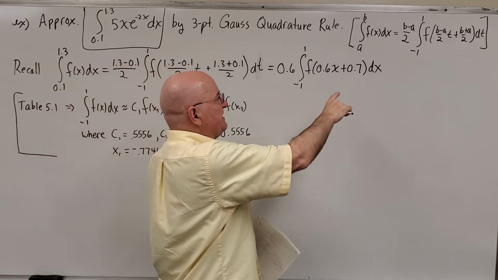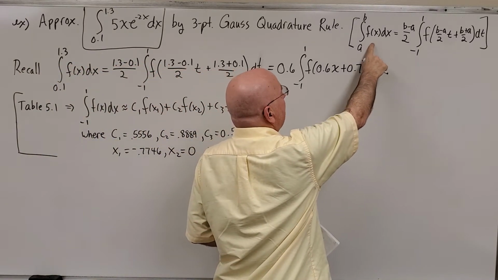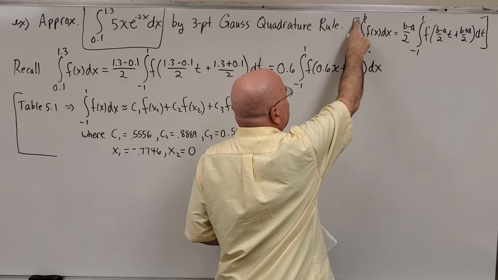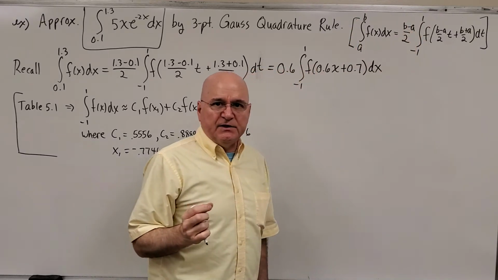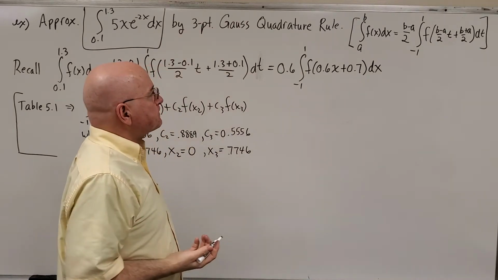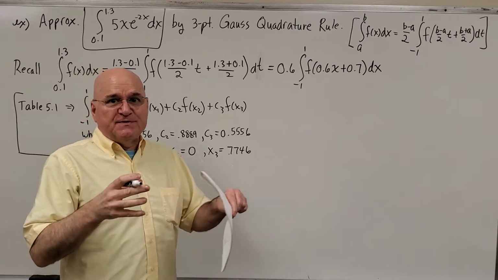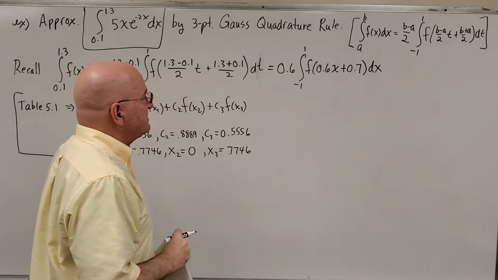I put our little cheat note up here, how to transform an integral from an arbitrary a to b into one that goes from -1 to 1 so that we can use the table in the book to find all of the nodes and the weights to use the three-point rule.